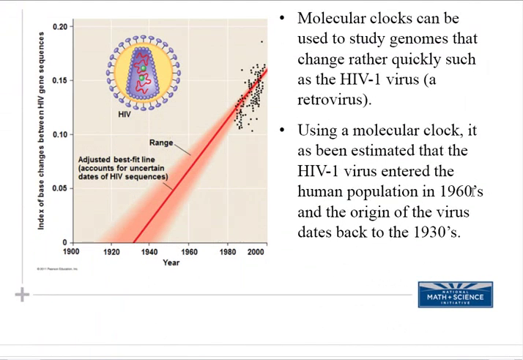I love this one. It's a recent example of using molecular clocks to look at evolution within our own lifetimes. We can calculate how long ago HIV started diverging into the many forms around today by using a molecular clock to study the evolution of that virus.